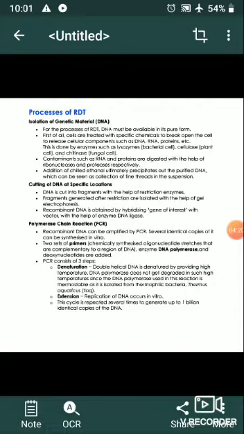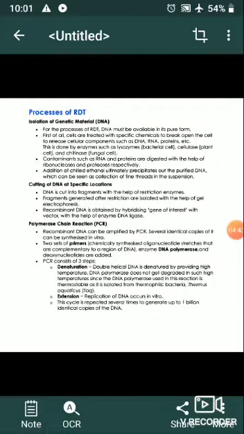Isolation of the desired DNA fragment is carried out using agarose gel electrophoresis. Amplification of the gene of interest is done using polymerase chain reaction. Then the gene of interest is hybridized with the vector with the help of the enzyme DNA ligase.